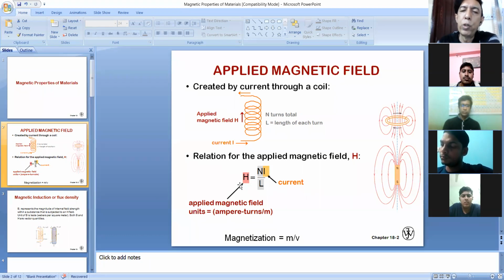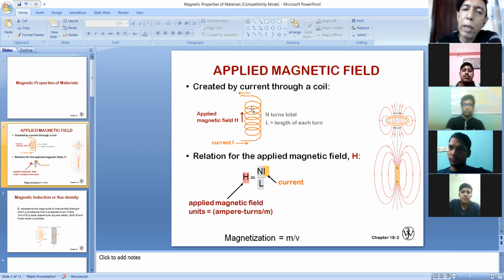H is equal to Ni divided by L. What is N? N is the number of turns. Here you see 1, 2, 3, 4, 5, 6 turns. So the N value here is 6.